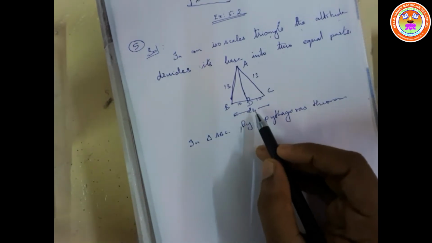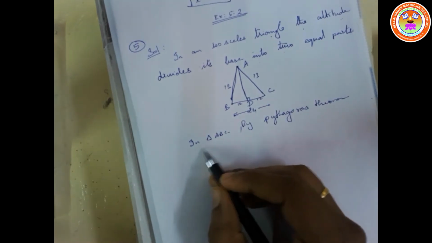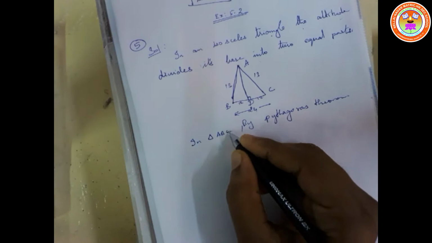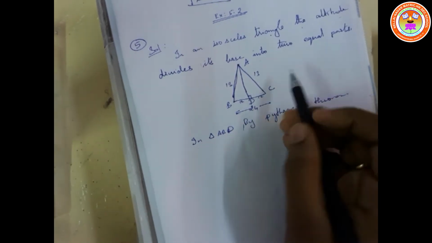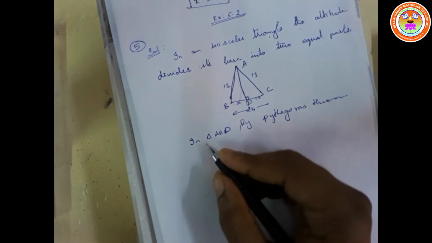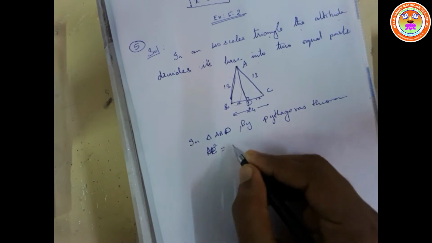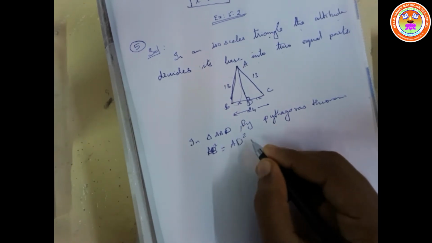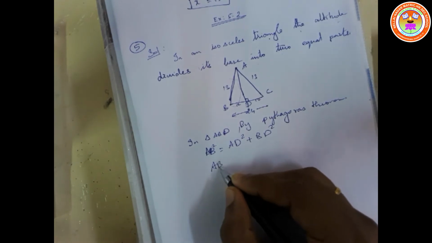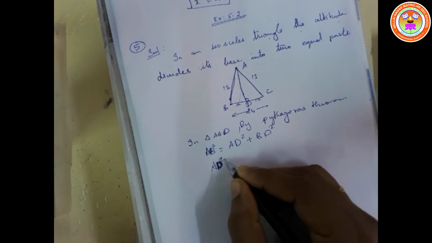Mark this altitude as AD. By Pythagoras theorem, in triangle ABD, which triangle are we taking? ABD. AB square is equal to AD square plus BD square. We are going to find AD, that is the height.